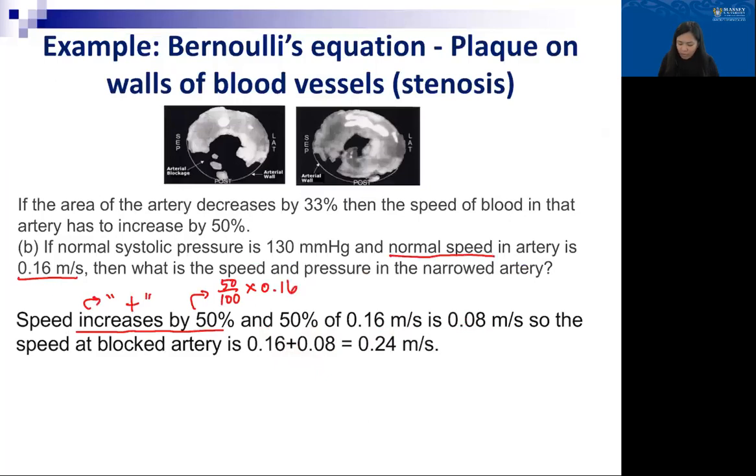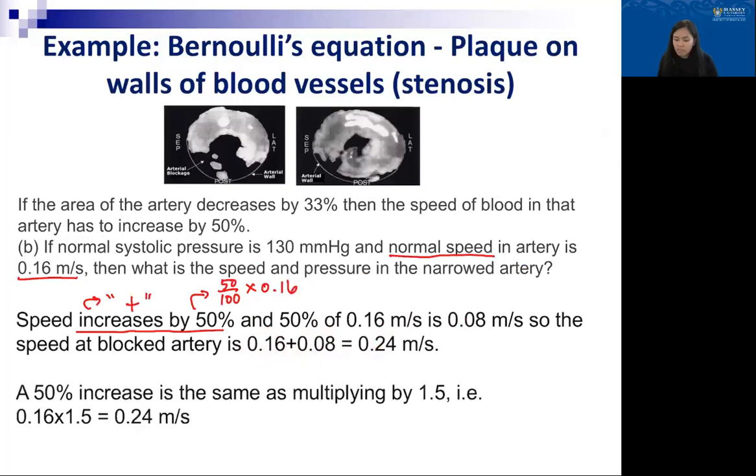And that's why you have 0.16, the original, plus the 50% of the original. That gives you the new speed. So an increase of 50% is the same as multiplying by 1.5, essentially.